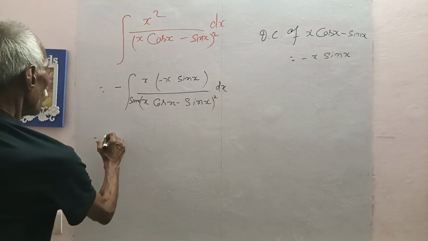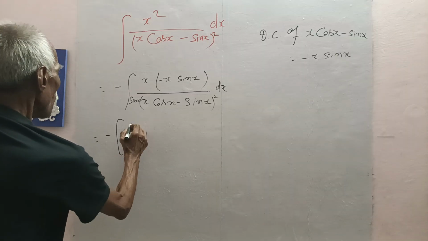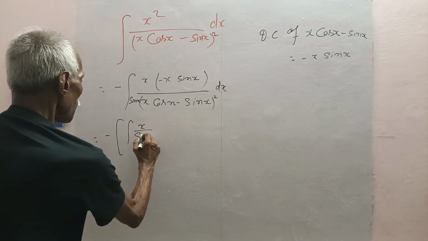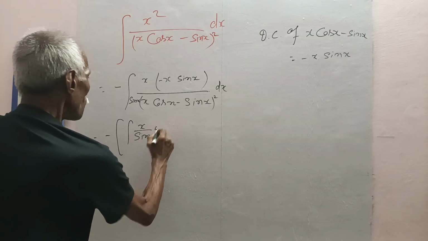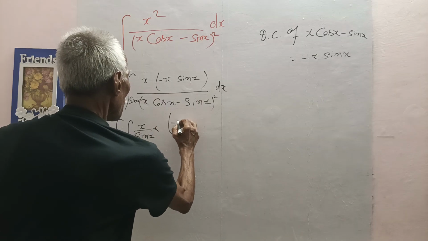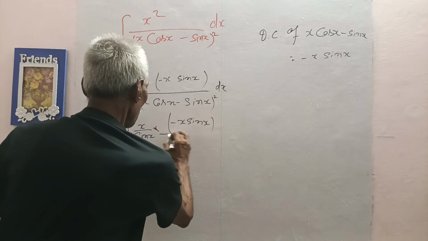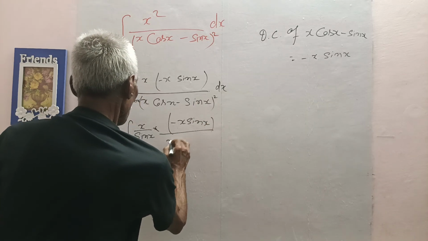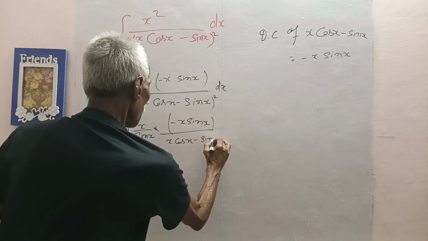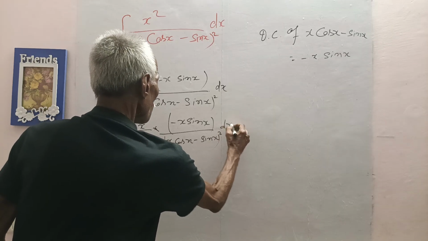Now minus, write as first x by sin x into minus x sin x by x cos x minus sin x whole square dx.